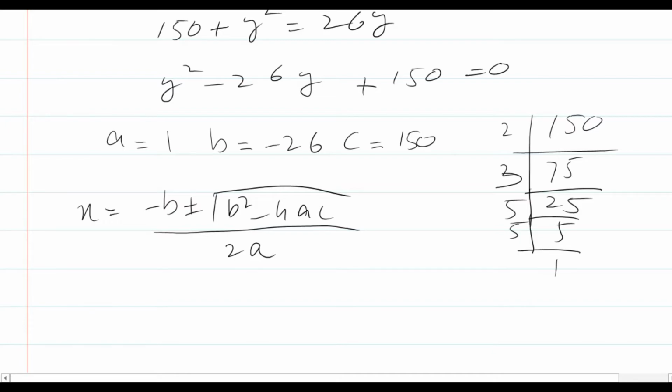By putting the values of a, b and c in this formula, you can get the value of y. Replace this x with y, because here in this equation we have variable y, not x.